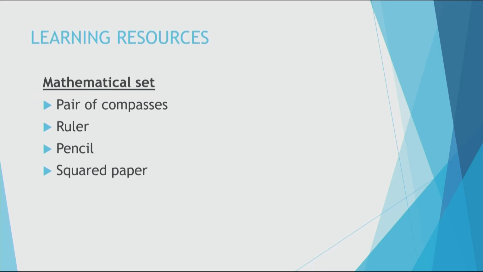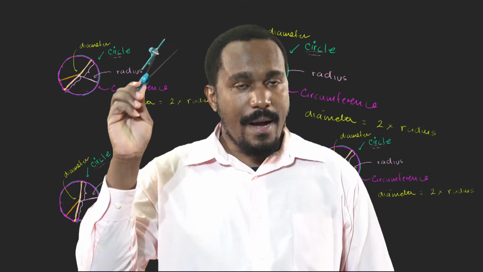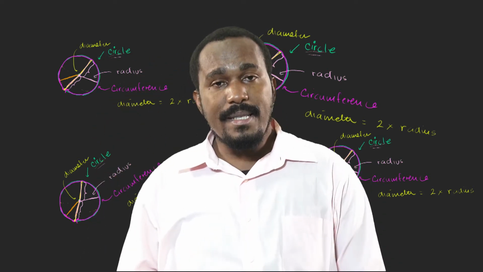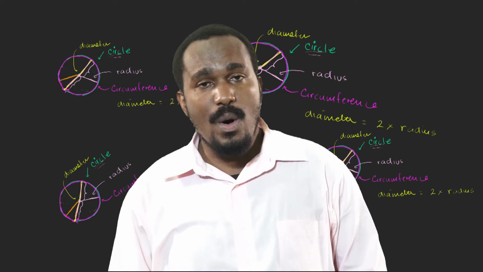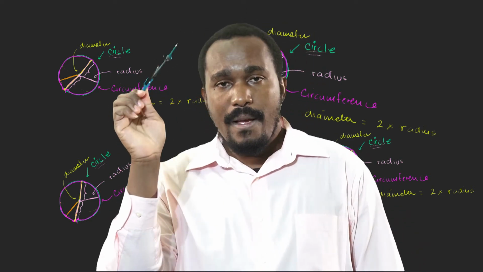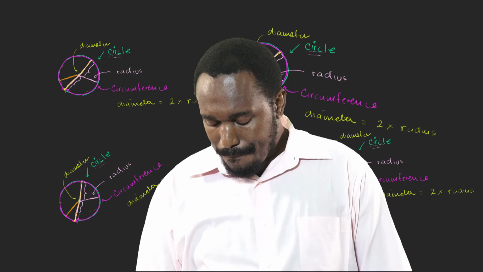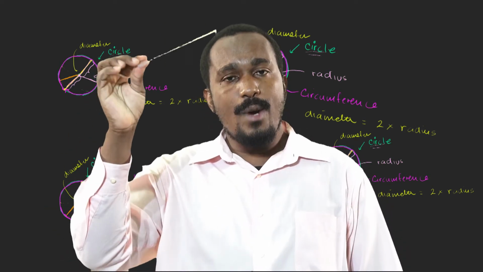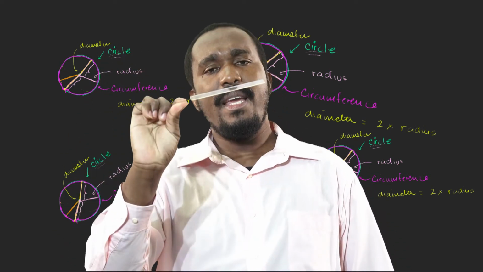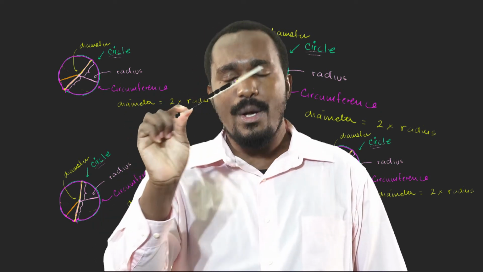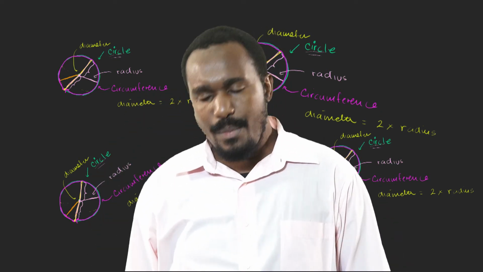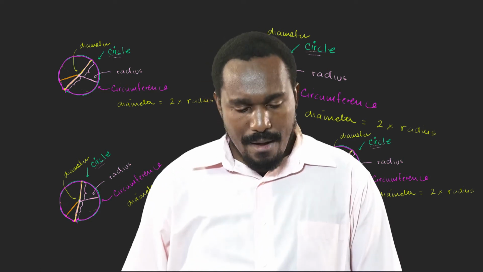For this lesson, you are expected to work with the following tools. First, the pair of compasses. As I said, for P6, you need to have a mathematical set where you find this pair of compasses. You also need to have a ruler. It doesn't matter, it can be a 15 centimeter ruler, it can be a 30 centimeter ruler, but you need to have a ruler.